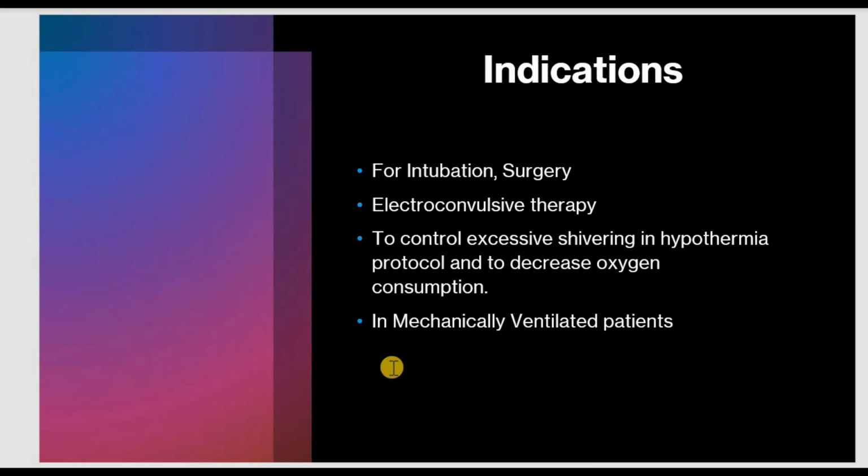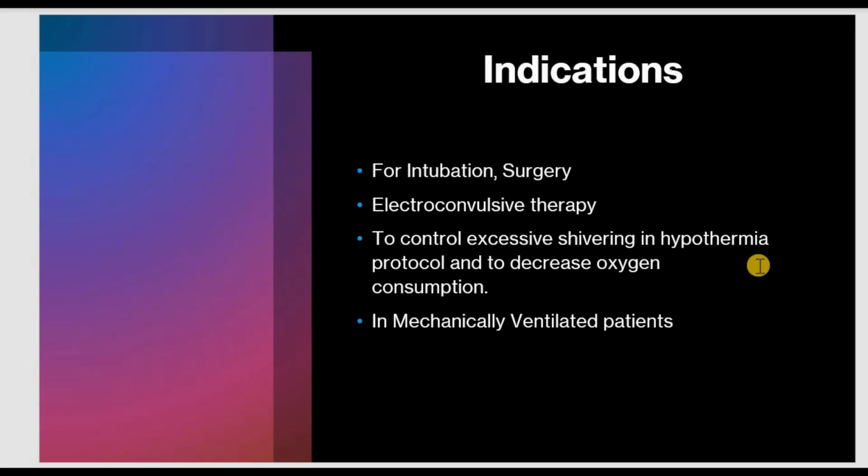Now, what are the indications of IV paralytics? It is given prior to intubation, to relax or paralyze the muscles, for easy intubation. For surgeries, it is used during electroconvulsive therapy, which is a psychiatric treatment, and it is used to prevent muscle injury. IV paralytics are used to control shivering and hypothermia.